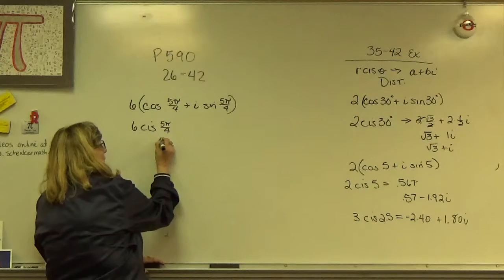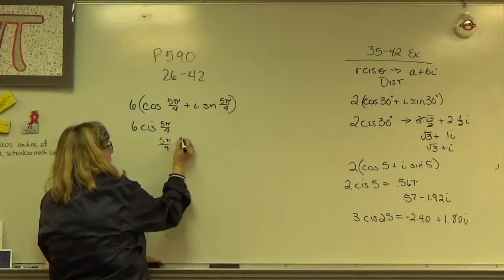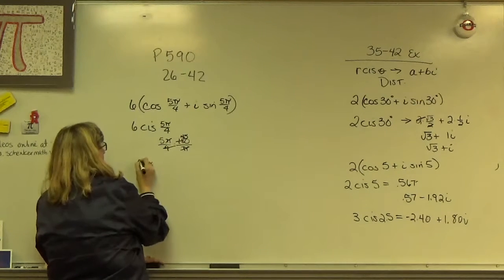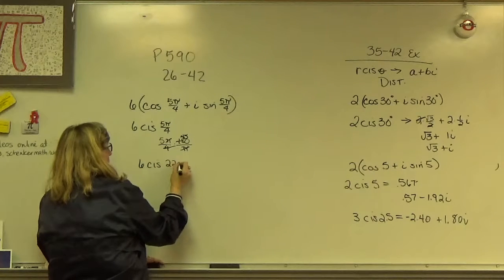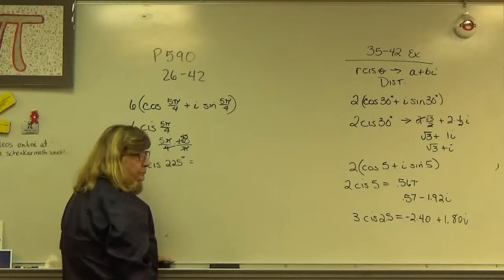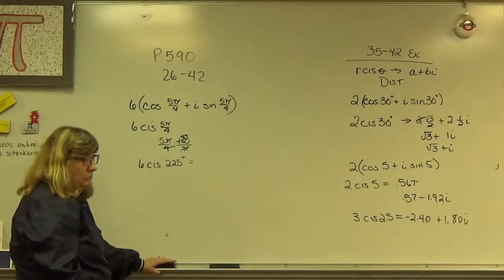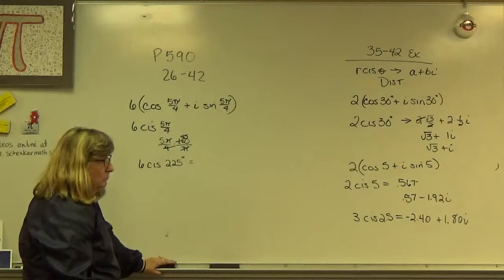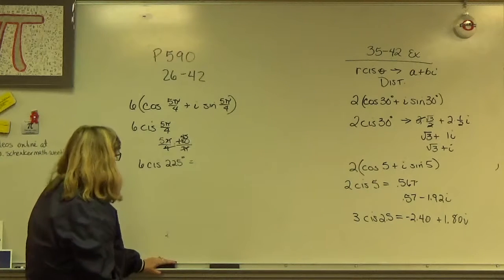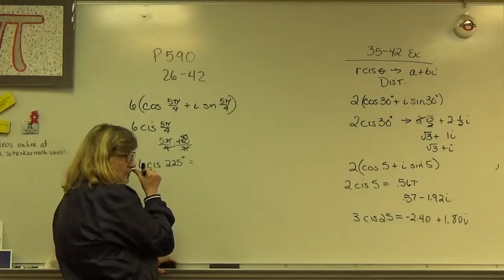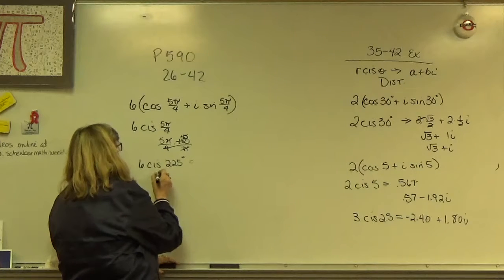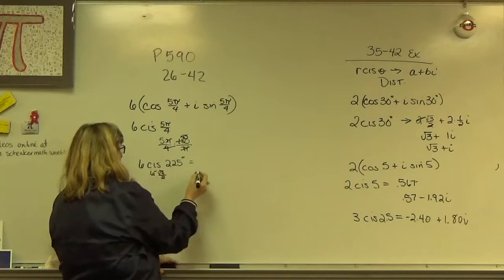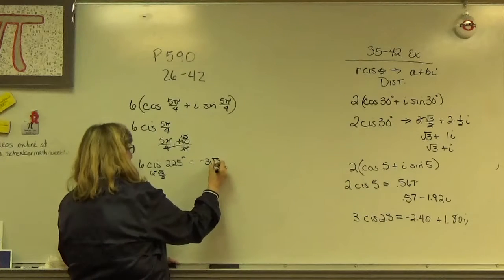So first, if I changed it to degrees, that happens to be 45 degrees, so it's third quadrant, so that would be radical 2 over 2 times 6, and it'd be negative, so it'd be negative 3 square root of 2.